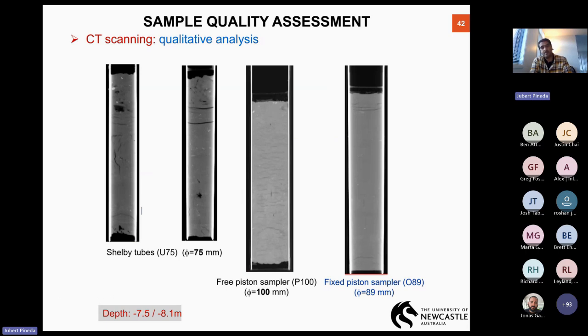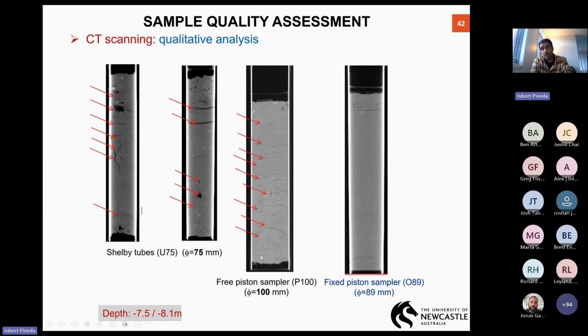So this is a qualitative assessment of sample quality using CT scans. You see the two Shelby tubes. These are scans that I already showed to you before. You see all of these tubes have cracks and defects and cavities. In the middle, you see the free piston sampler. The free piston is better, but you see that there is still more subhorizontal cracking.